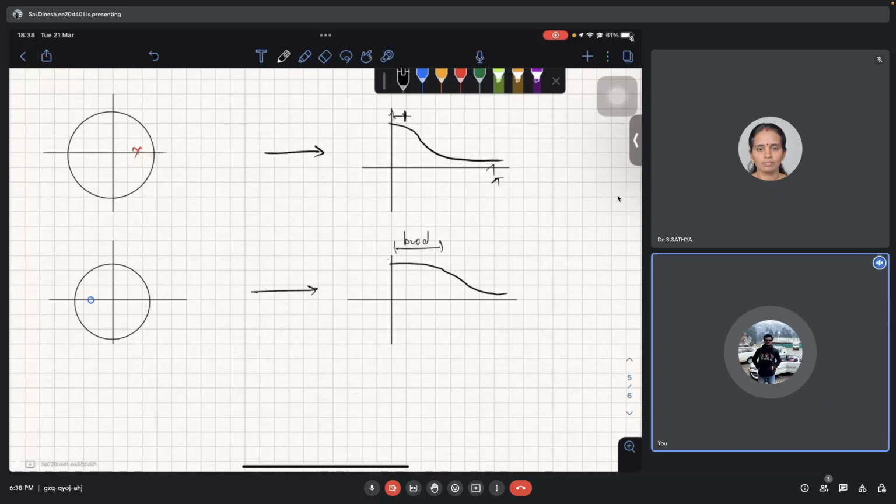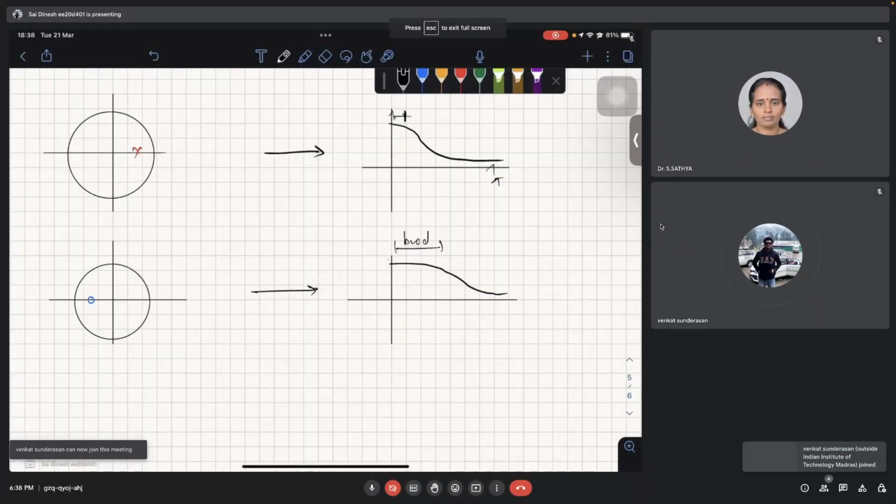So there is a difference. With a single pole or a single zero we can achieve somewhat closer to a low pass filter, but because of the properties of the magnitude response of a single pole and single zero, we get different types of bandwidth.